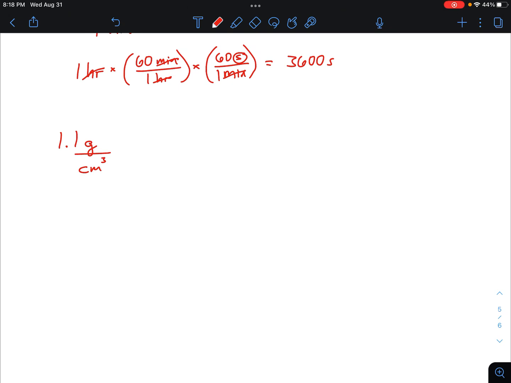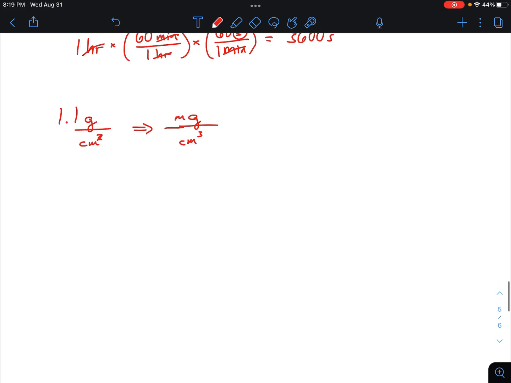And I want to convert this into grams per cubic meter. No, we're not going to do that. We're going to take this from grams per cubic centimeter into milligrams per cubic centimeter. There we go.